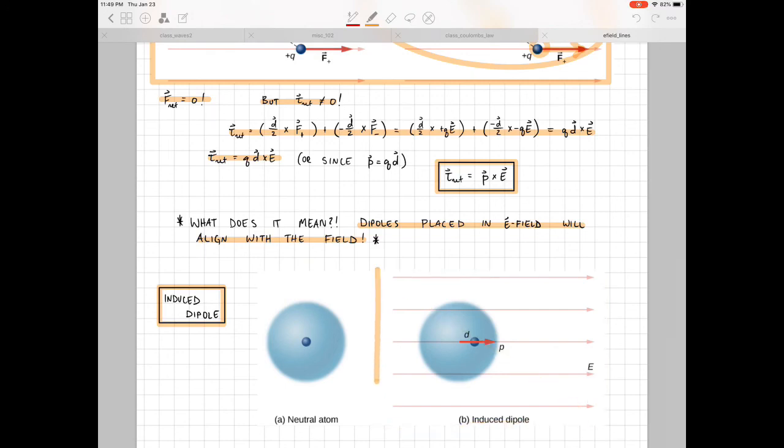Place this atom in an electric field, all of a sudden positive charge is moved a little bit off center, so the positive charge is a little right of center, the negative charge is a little left of center, and so you end up with a dipole moment pointing to the right in this atom. And that is all of the things that we want to talk about for this chapter 5.